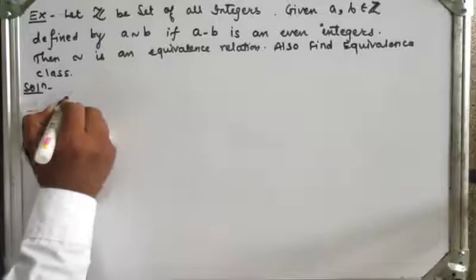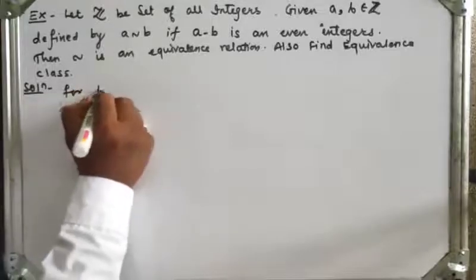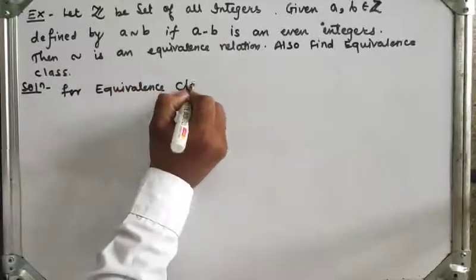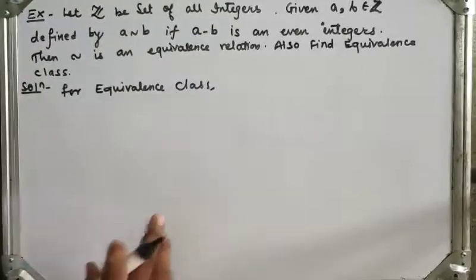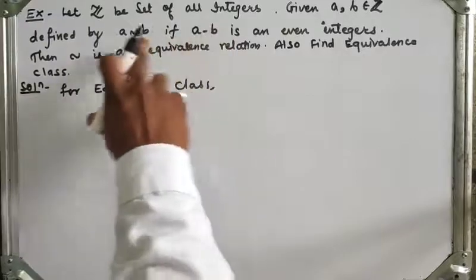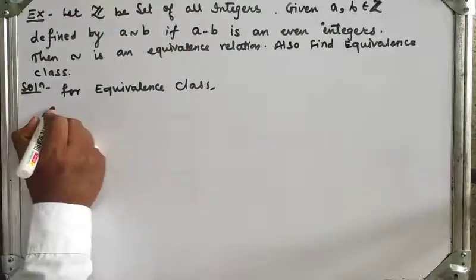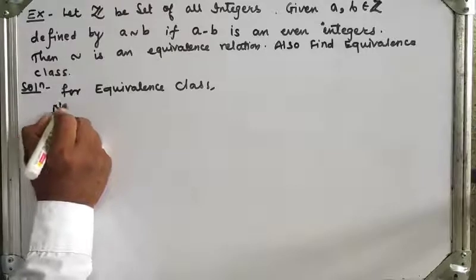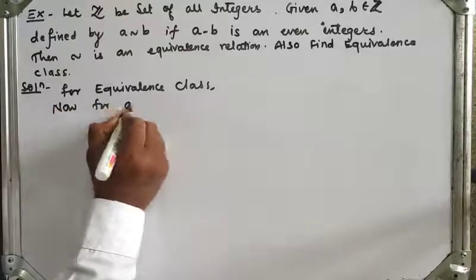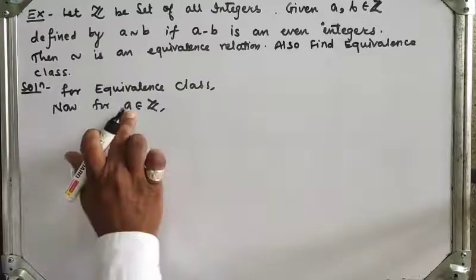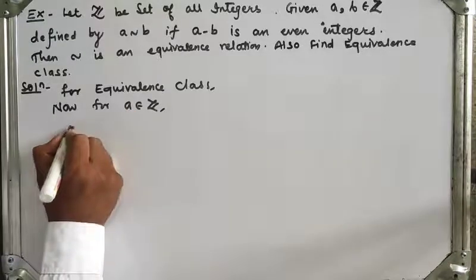Now for the equivalence class, what are the elements? Suppose I take a from the set of integers. Now for a belongs to the set of integers, what is the definition of the equivalence class of a? That is a bar.